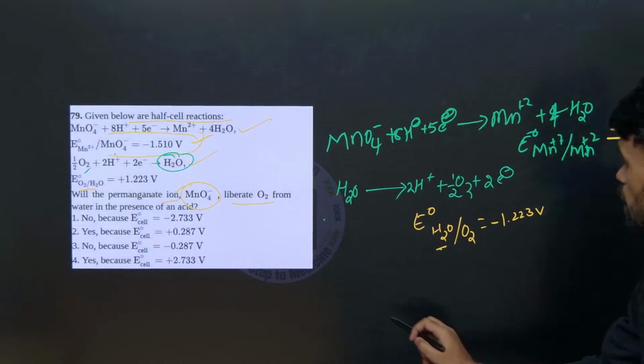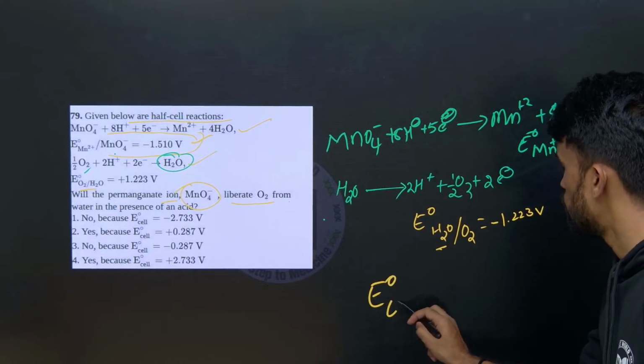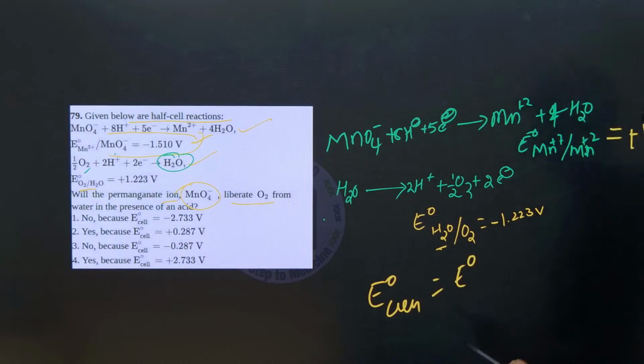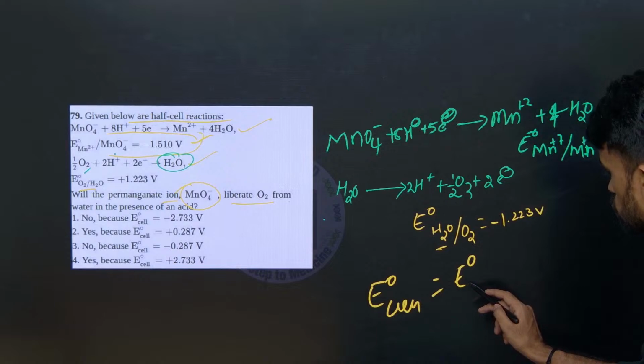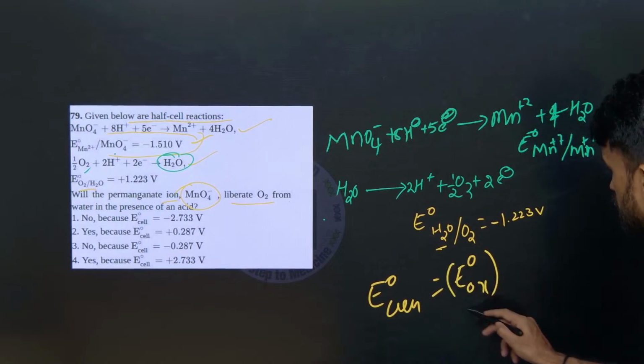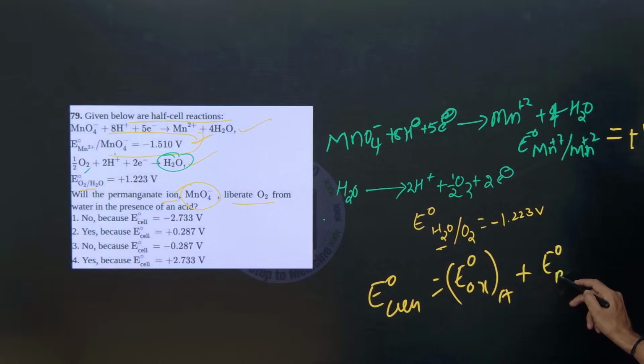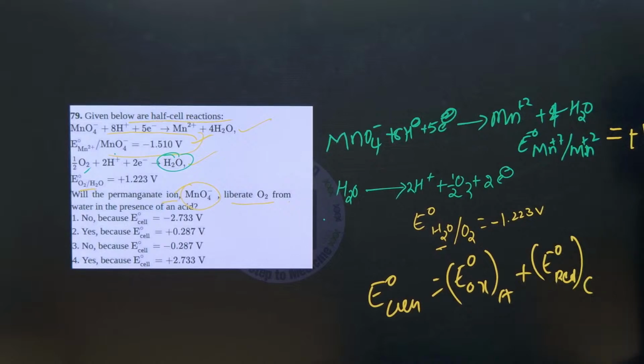If we find E cell, E naught cell will be given as E naught oxidation potential at anode plus E naught reduction potential at cathode. So this is how we need to write. From this only we can get other equations also.